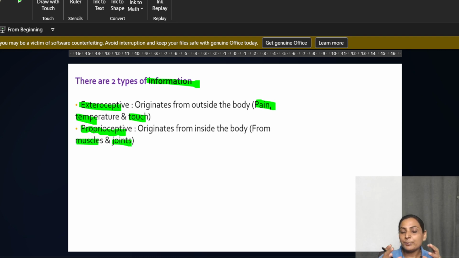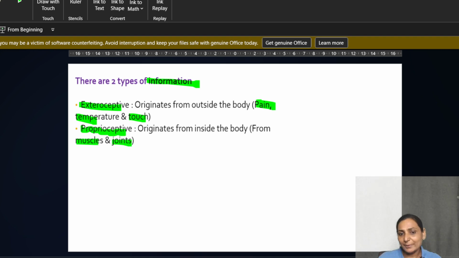So what is proprioception? It is the awareness of the position of the joints, which is conscious and unconscious, which is also performed as a part of our sensory examination. So when we teach you sensory examination, we are going to cover this in the clinical viva of CNS also.